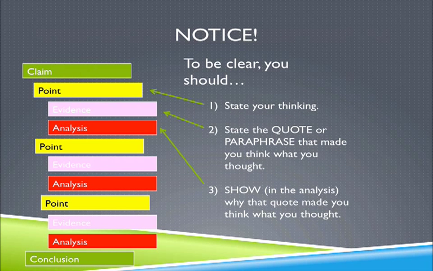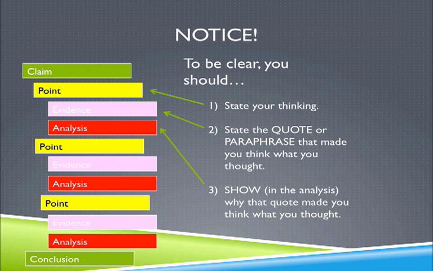And so just to say it a little bit more explicitly, looking at those point evidence analysis elements, you can see number 1, the yellow, this is where you're going to state your thinking. Number 2, this is where you're going to state a quote or a paraphrase that made you think what you thought. And then number 3, and this is always the hardest part for students, you must show why that quote or paraphrase made you think what you thought.